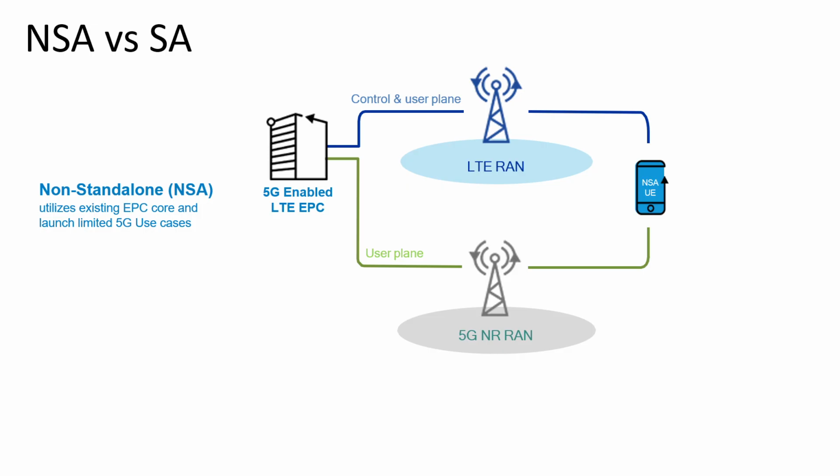This kind of setup is called the non-standalone architecture. The only addition is the new radio from the radio side. The rest of the complete network is the same. There is no change.